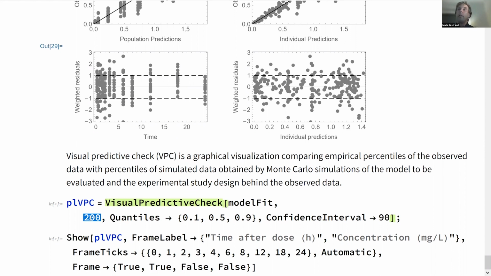And with these 200 in this case, you can say, okay, but let's look at these quantiles, the median, 10% and 90% quantile, and compute those with a confidence interval of 90%.